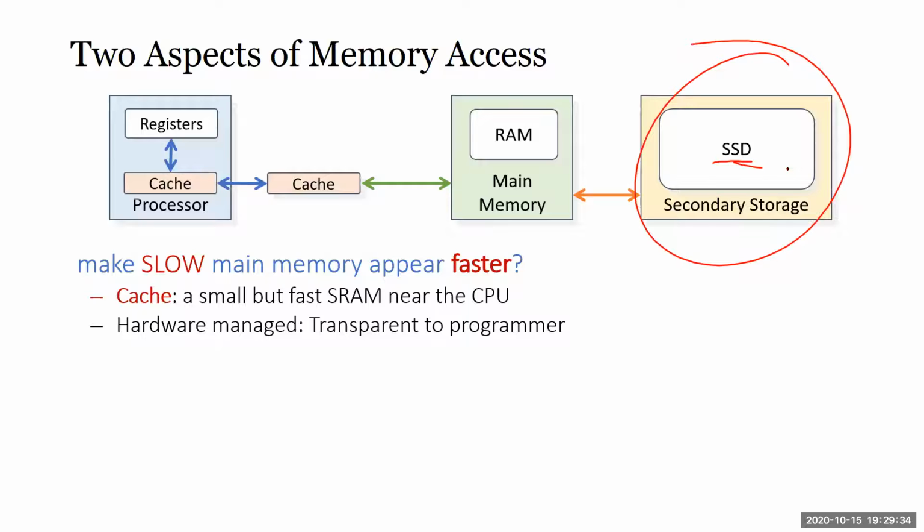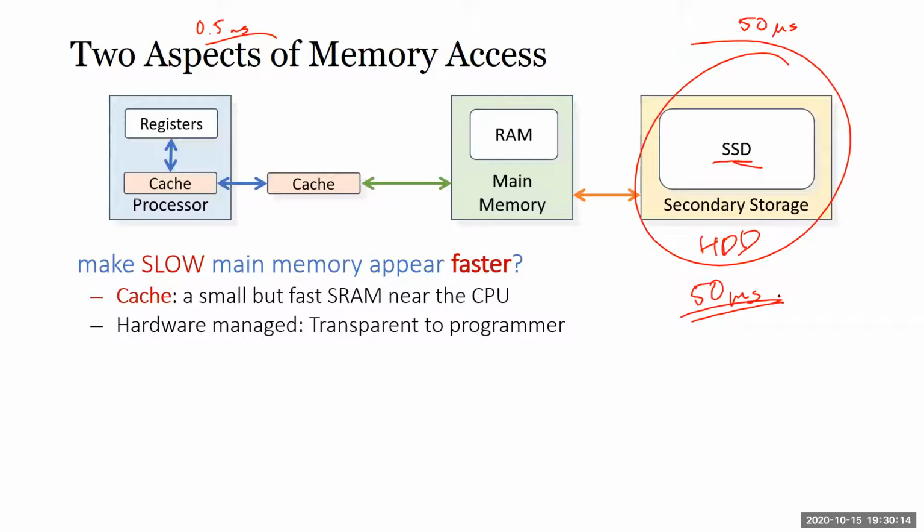We cannot afford to run your program by reading one instruction at a time from SSD and executing. The fastest SSD is about 50 microseconds, while the CPU runs at 0.5 nanoseconds. That's about 100,000 times slower. And if you are using a hard disk, it is like 50 milliseconds, which is about 100 million times slower.